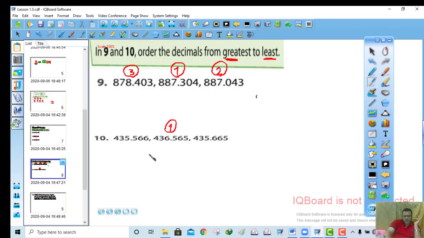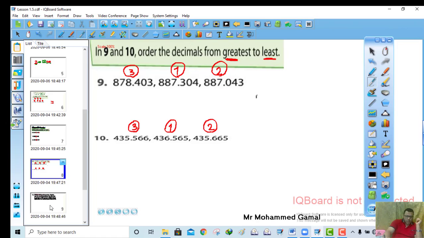Which is greater, 566 or 665? Of course 665 is bigger, so this one is number 2. And the least one is 566, number 3. So from the greatest: 436, then 435 and 665, then 435 and 566 thousandths.